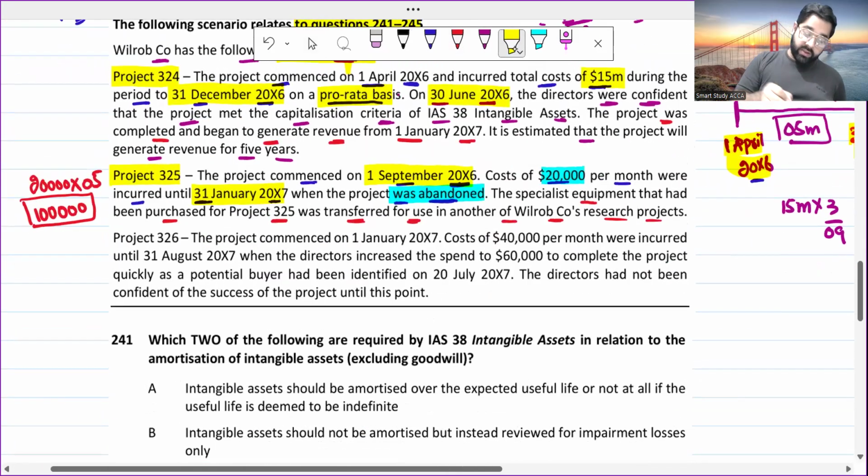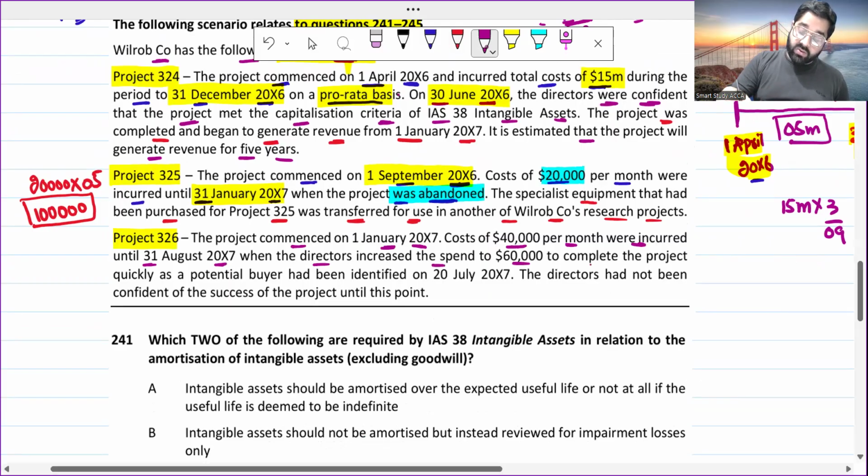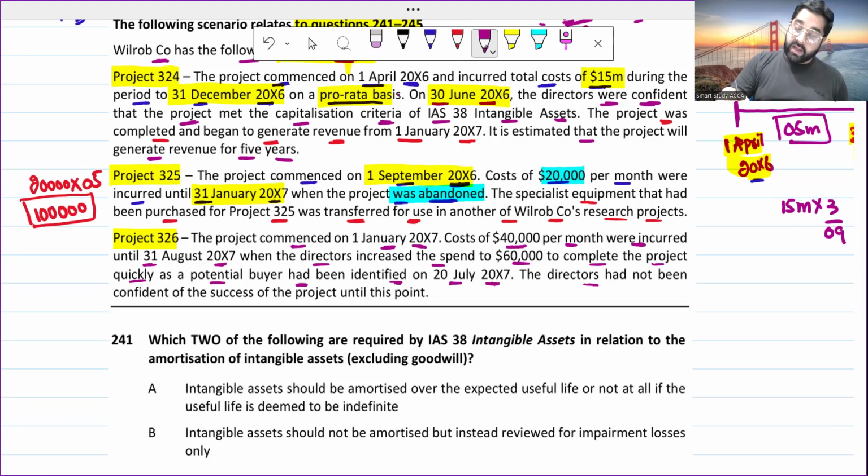Now let's move to project 326. The project commenced on 1st January 20x7. Cost of 40,000 per month were incurred until 31st August 20x7, when the director increased the spend to 60,000 to complete the project quickly as a potential buyer had been identified on 20th July 20x7. The director had not been confident of the success of the project until this point.